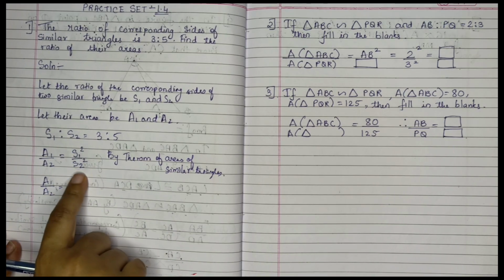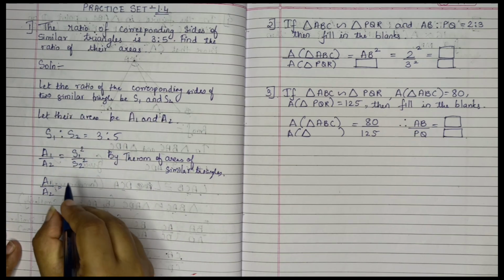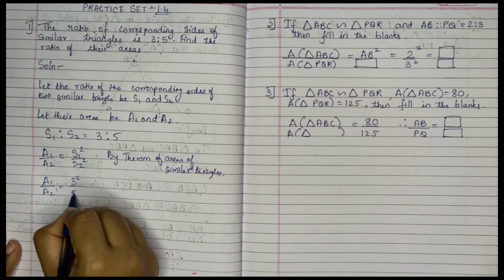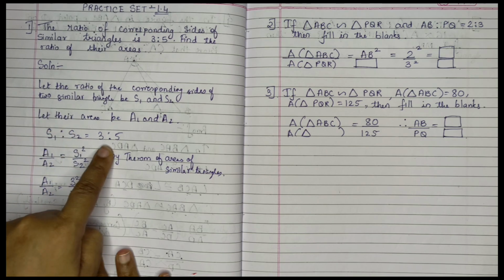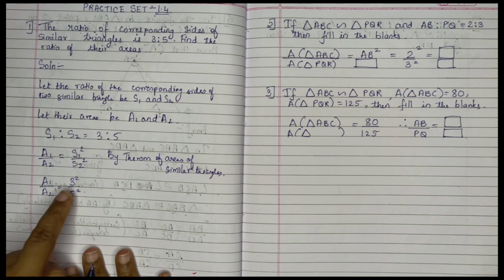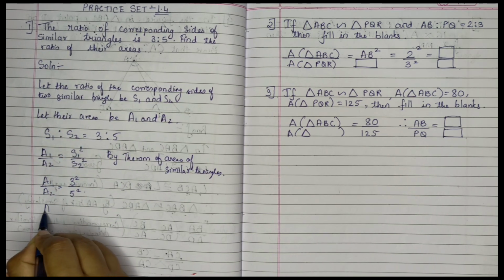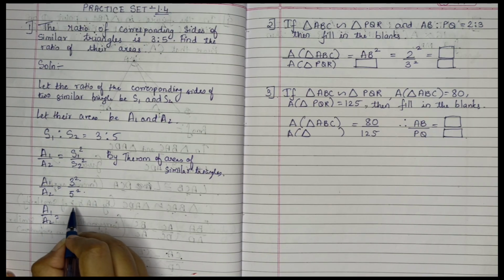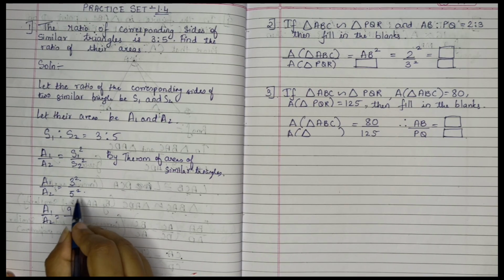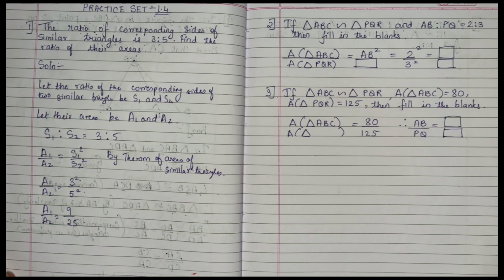But we know S1 and S2. S1 is to S2 is 3:5, that means 3 square and 5 square. Now when we square it, A1 upon A2 is equal to 3 square, which is 9, and 5 square, which is 25.